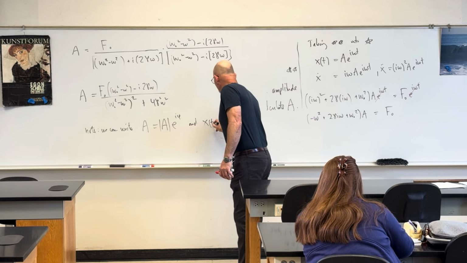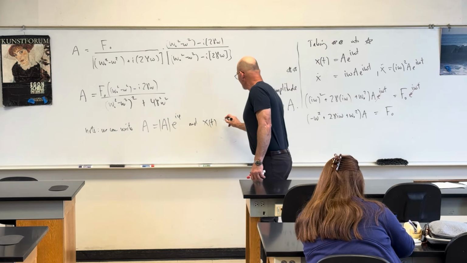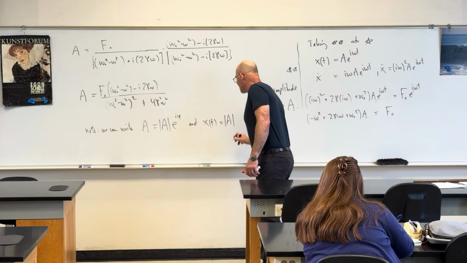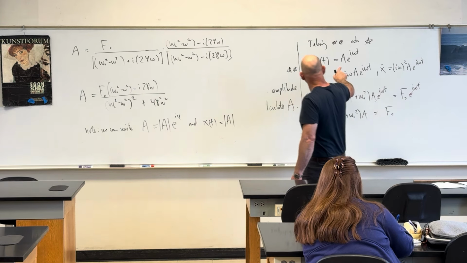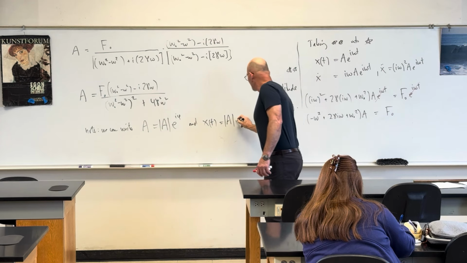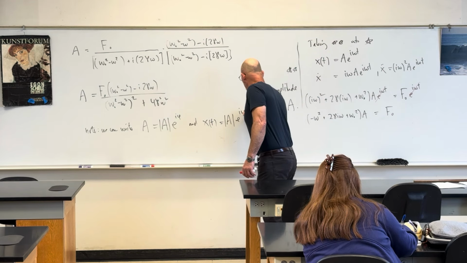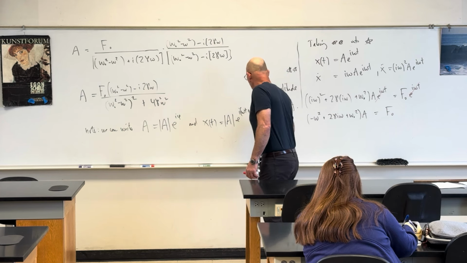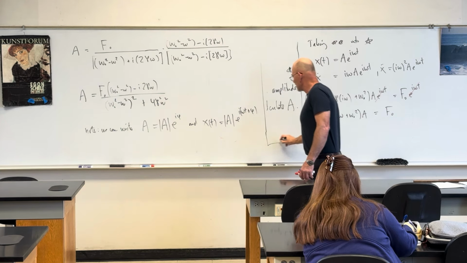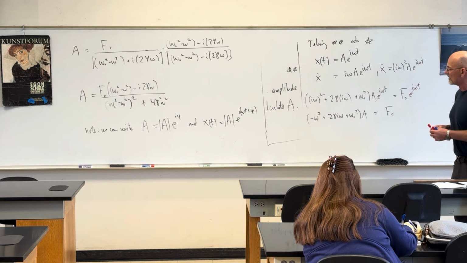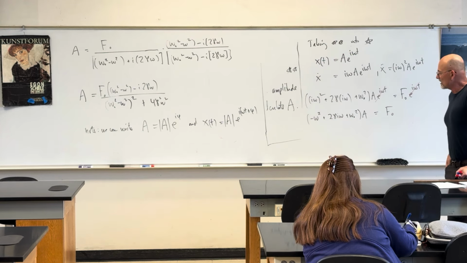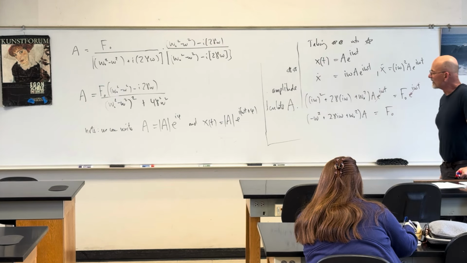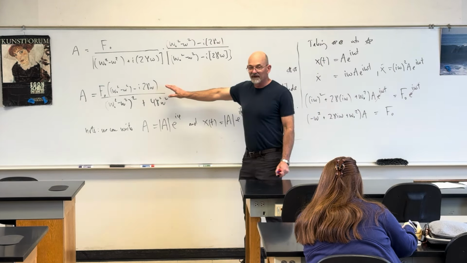Then the x of t that we'll be looking for would be the magnitude of A times e to the i omega t plus delta. We'll leave it right there. So that's what we can do, right? With complex numbers, we can do that. We haven't done it yet, but it's possible.